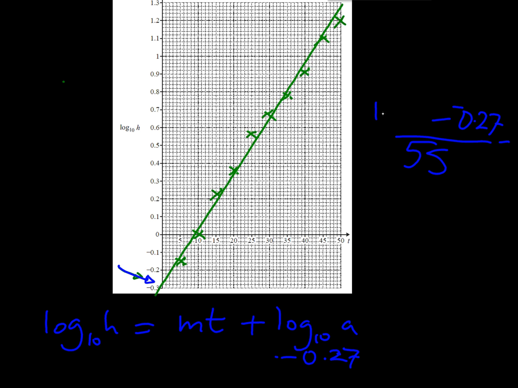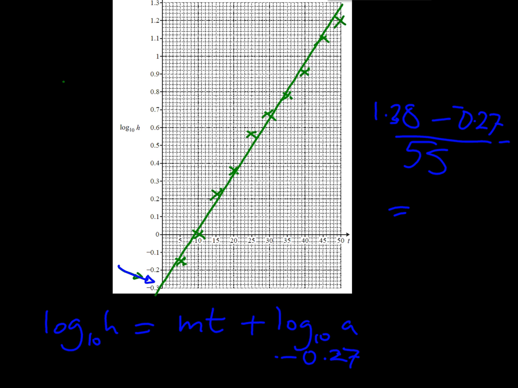1.38. So 1.38 plus 0.27 is our up. I'm going to divide that by our long, which is 50. I wrote 55 there, but it's actually 50.